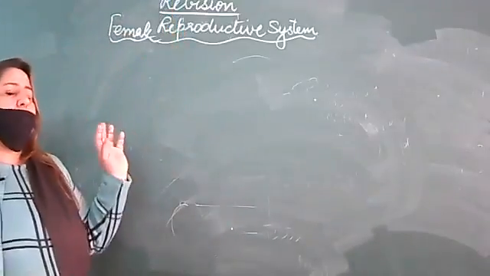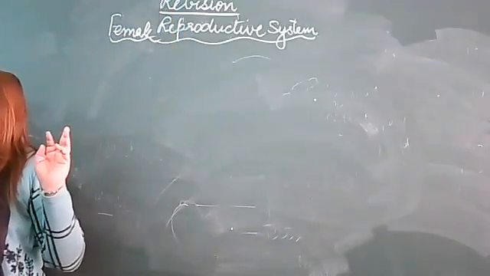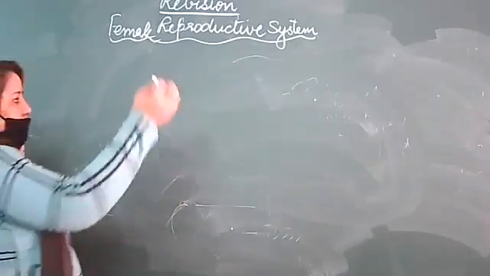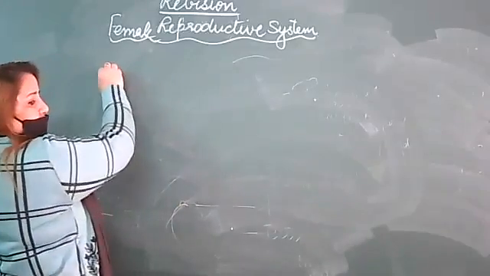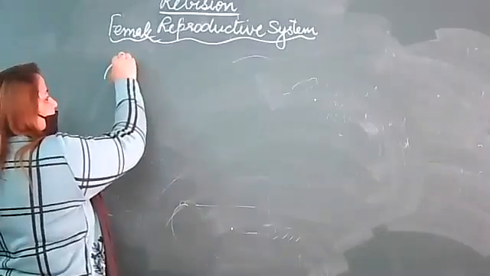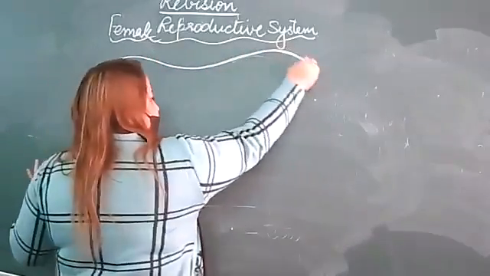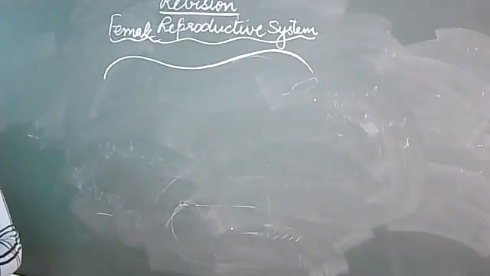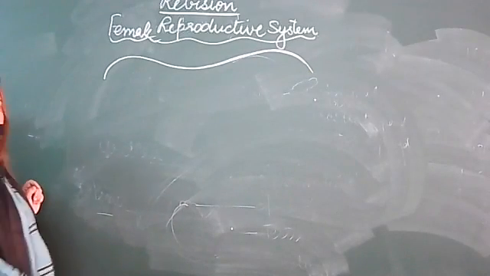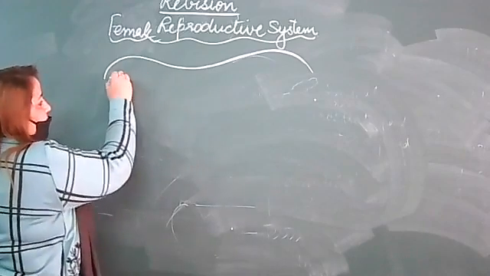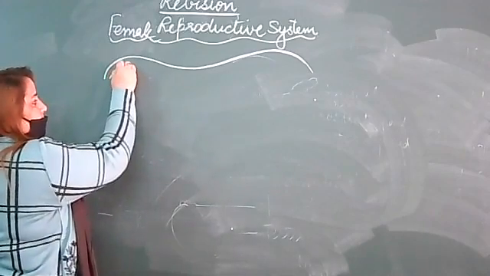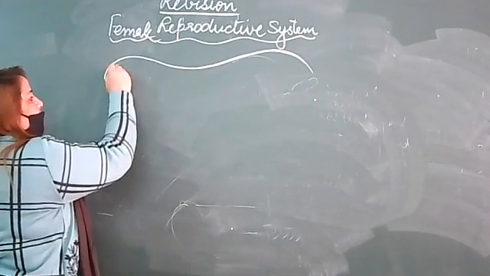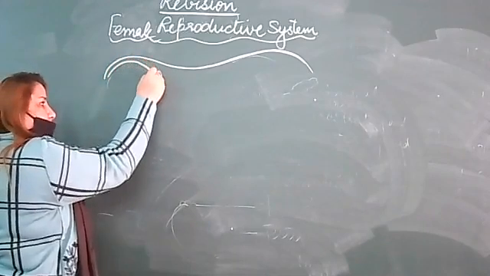Now we will make the female reproductive system. Right? So let's start. First, what you will make like this, draw like this. Draw like this. Right? All of you now see from here, like this.